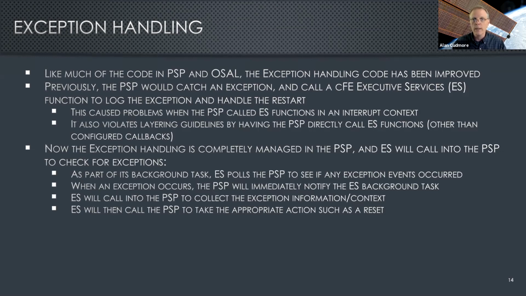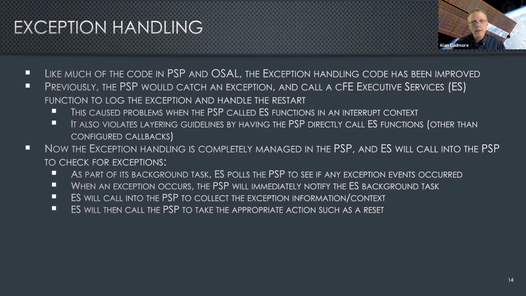In fact, it wouldn't work at all because the ES would call a lock, which wouldn't work in an interrupt context. So this is the case for some of the operating systems that we supported. And it also violates the layering guidelines by not having the PSP directly call the ES functions, other than some configured callbacks for things like the CFE entry point.